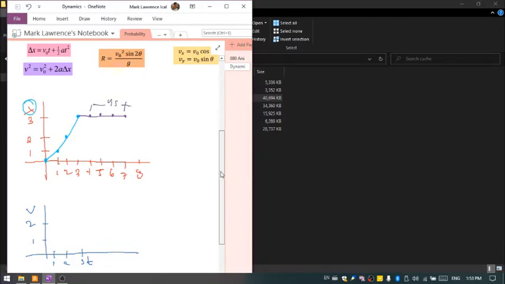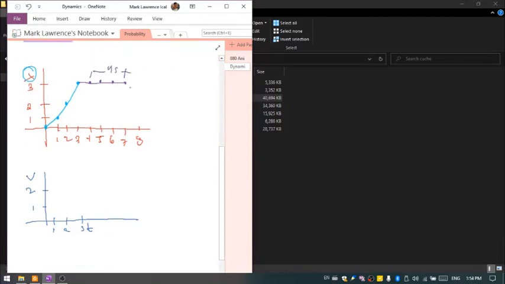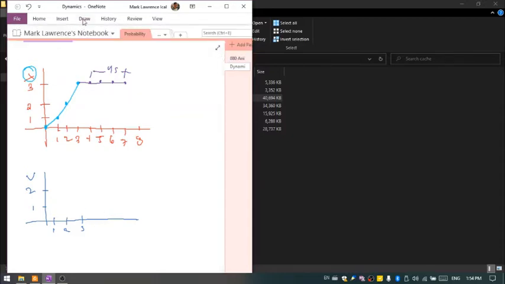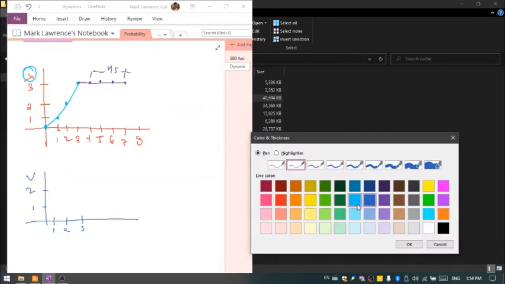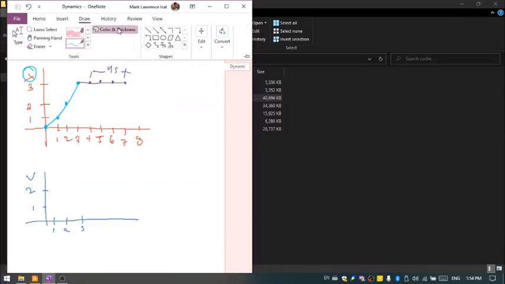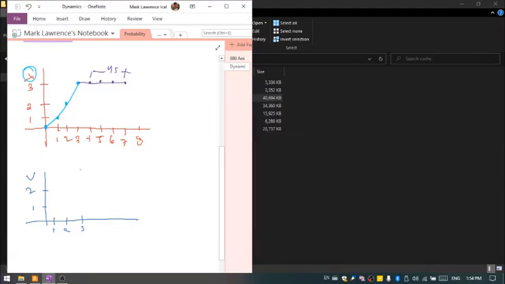So, what does this look like in a velocity versus time graph? So, what does this look like? Okay, so let's say this is 4, 5, and 6, and then 7.